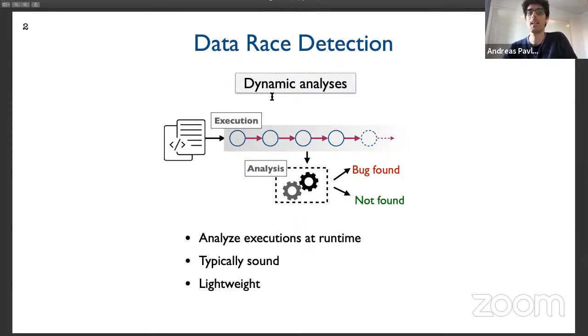Instead of analyzing source code as in static techniques, the idea is that you observe a program execution, perform some analysis on it, and decide whether you have found a bug. Because you're observing concrete executions, you can make sound reports of bugs so you don't overwhelm programmers with warnings. They're also fairly lightweight, as opposed to dealing with the undecidable problem of static analysis.